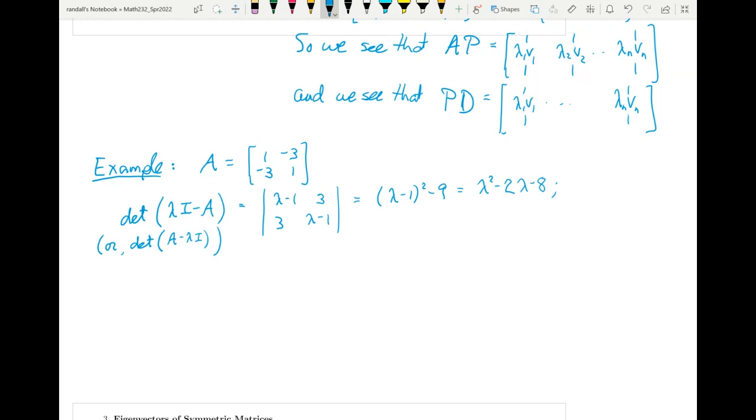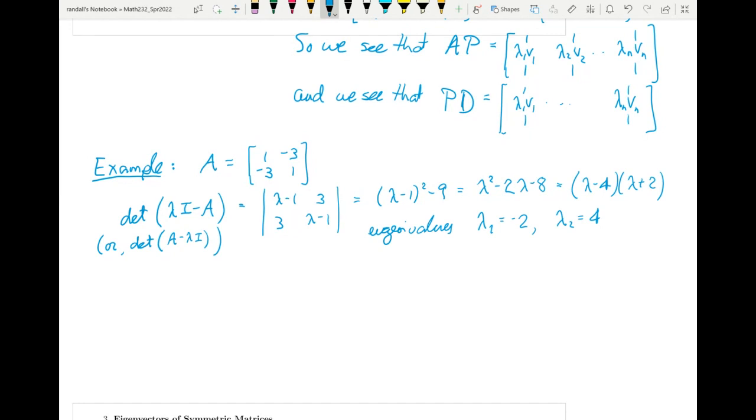And so we need to factor that. I need the roots of this, and it factors pretty easily. It doesn't have to; I can always use the quadratic formula. The eigenvalues are the roots. So let's call lambda 1 the eigenvalue minus 2, and lambda 2 the eigenvalue 4. Okay, so there they are.